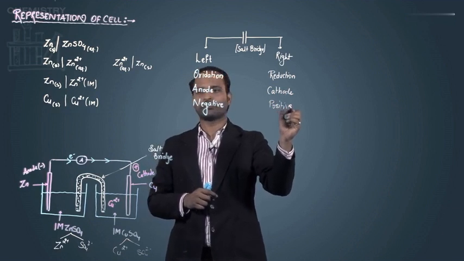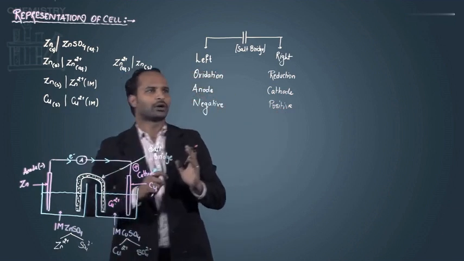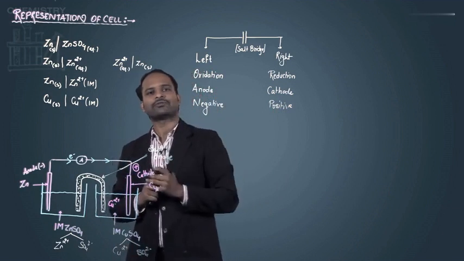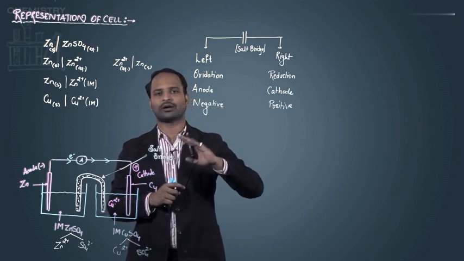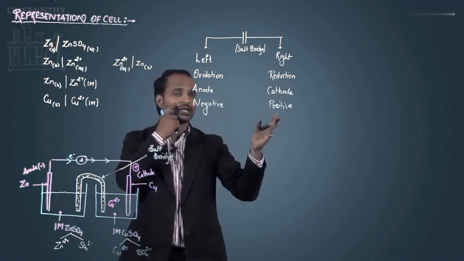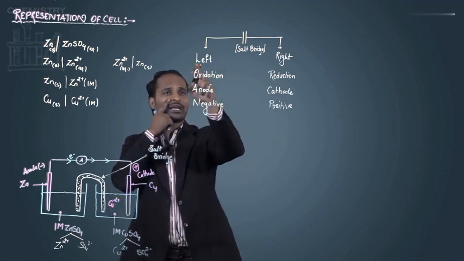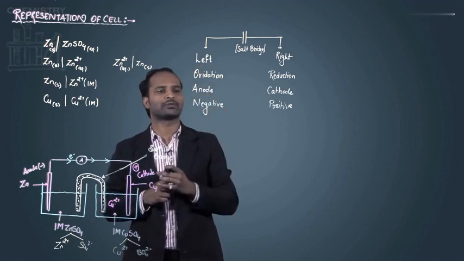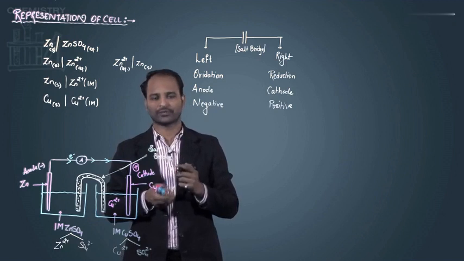Now just for remembering, I can simply say that all the things which come alphabetically first are written on the left hand side, and the ones which come alphabetically later are written on the right hand side. From left and right, L comes first. From oxidation and reduction, O comes first. Anode, cathode, A comes first, and negative, positive, N comes first.